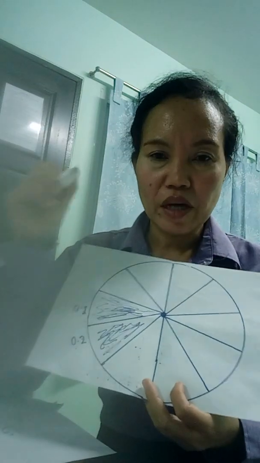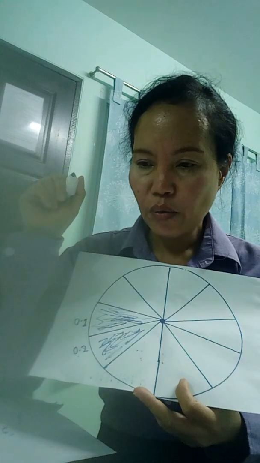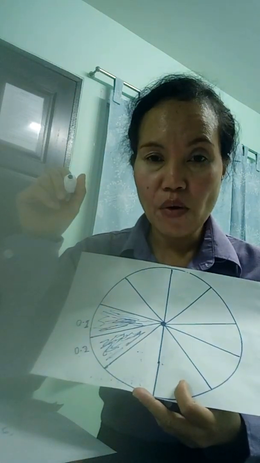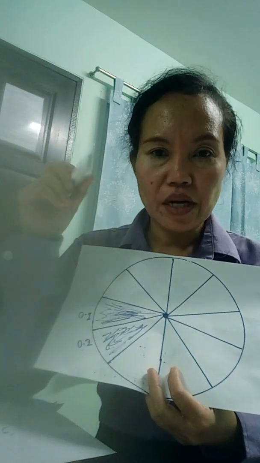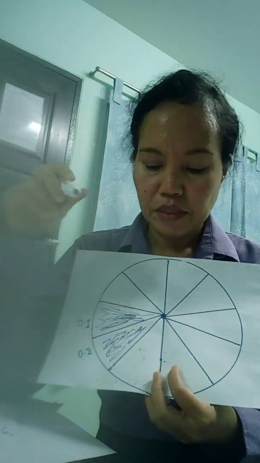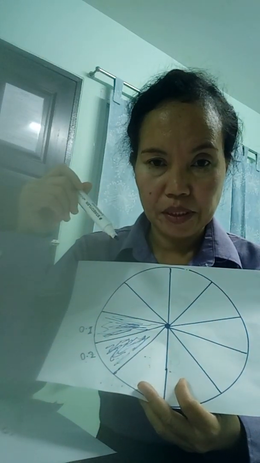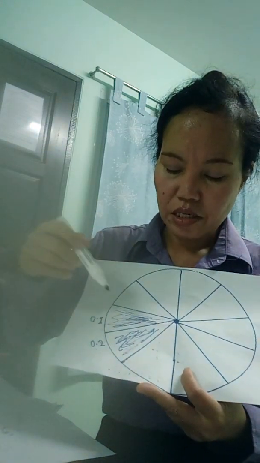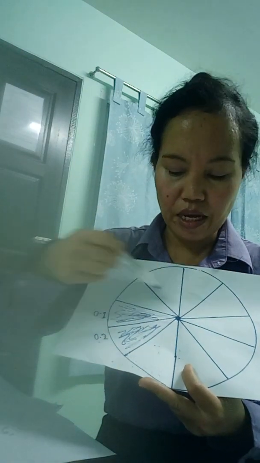Now, if I give you 0.8, how are you going to illustrate it through our slices of cake? If we say 0.8, meaning 8 pieces of cake out of 10, naturally we are just going to shade 8 slices out of 10.